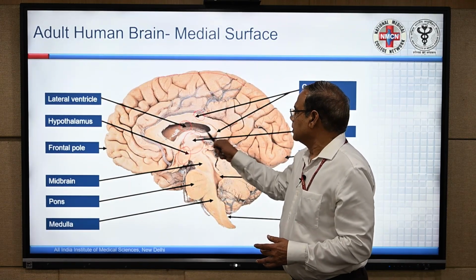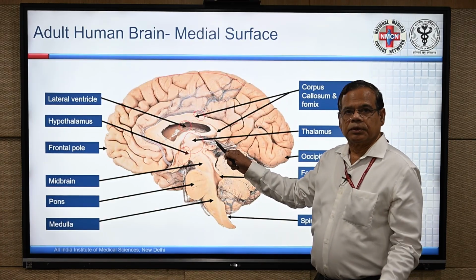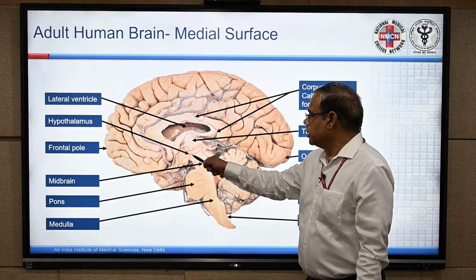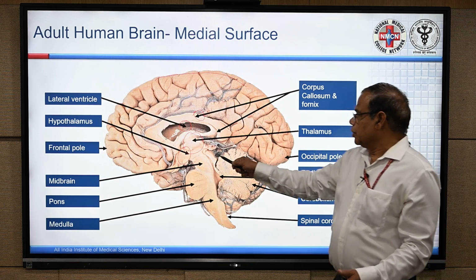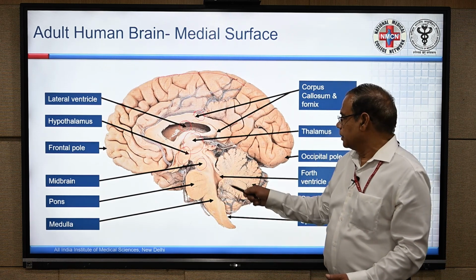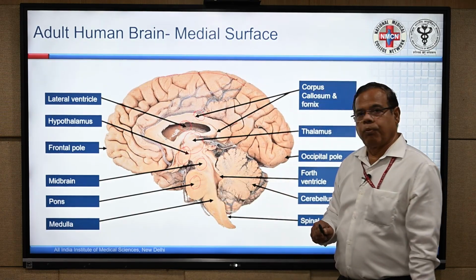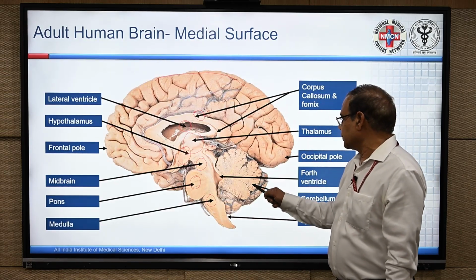Below the cavity of the lateral ventricle is the diencephalon. The visible parts are the thalamus, and below and inferior to it is the hypothalamus. Below the diencephalon is the midbrain, then the pons, and below it is the medulla.